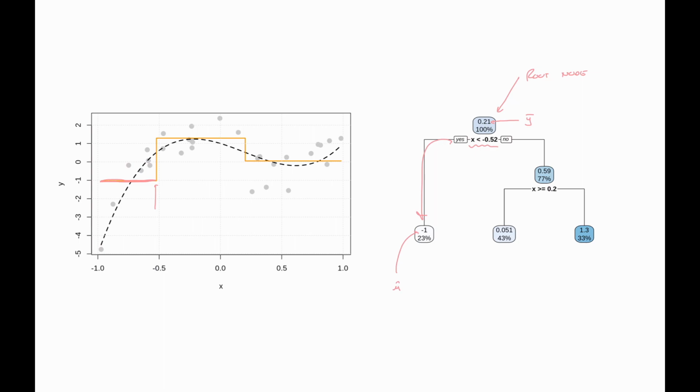And this is what we would call an internal node. This internal node says, well, 77% of the data is in here, and that's all of this data here. And it says at that node, predict 0.59, which by my calculation is like this. Except we don't see that represented on the graph because it's an internal node.